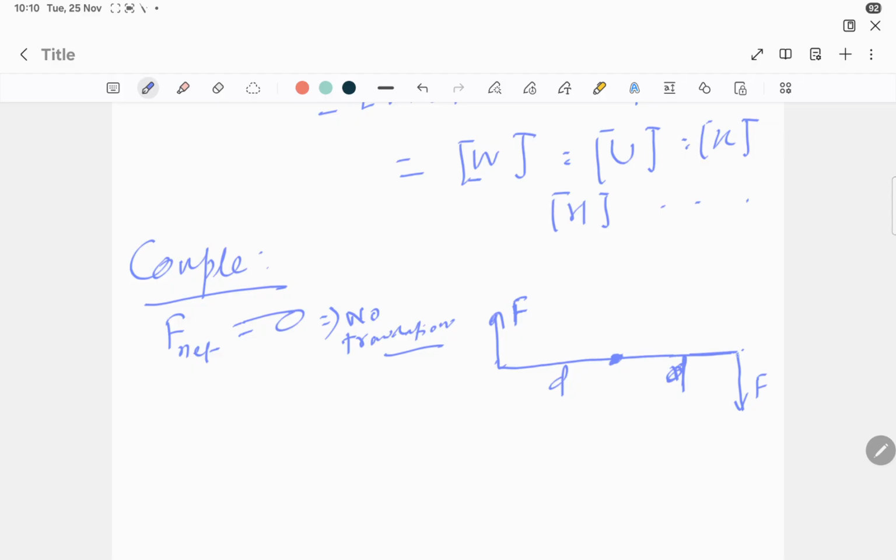The angle between the position vector of this force and the force is 90 degree, and if I calculate r cross f, it will be into the plane of the page.